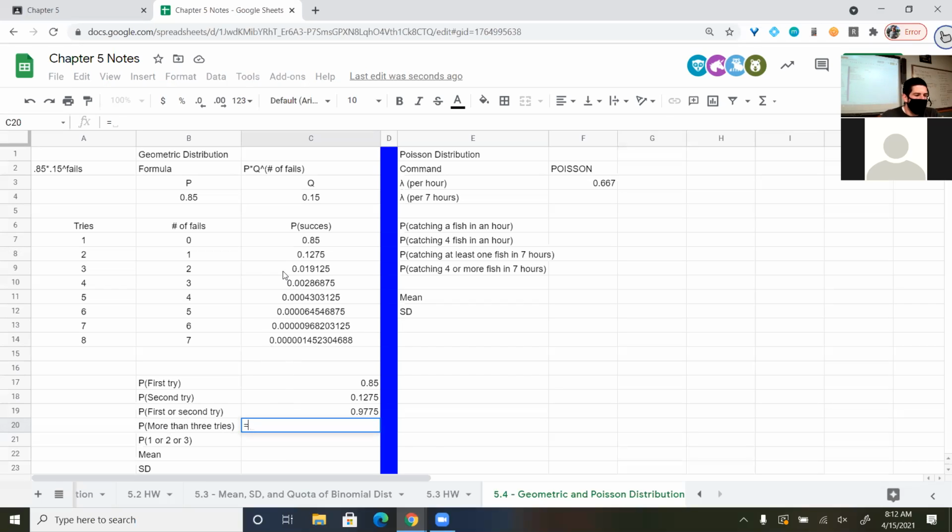So I am going to go ahead and take 3 plus 2 plus 1, get this really high probability, and I'm going to subtract it from 100%. There we go.